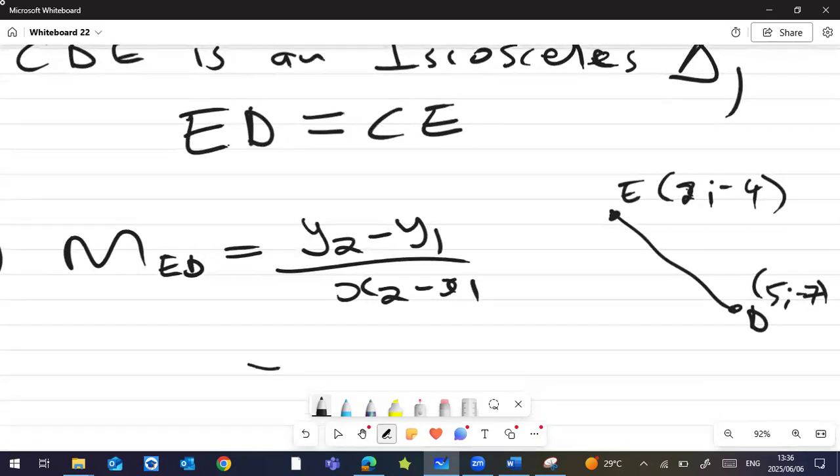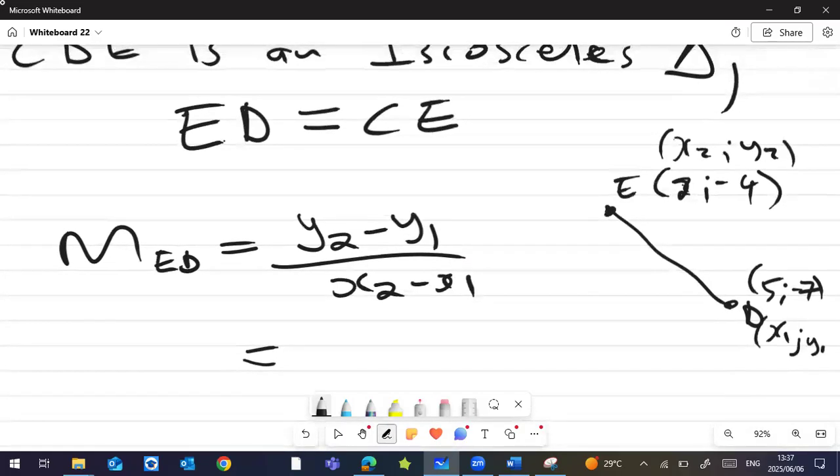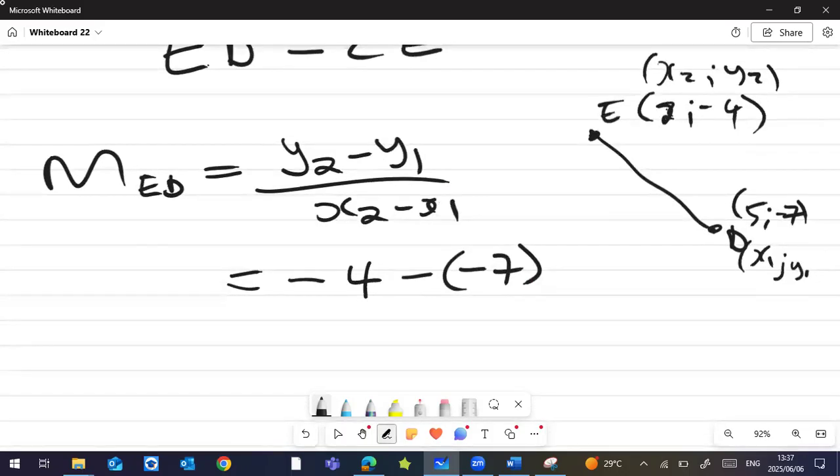If I say this is my x2, y2 and this is x1, y1, what will we get there? Y2 minus y1: minus 4 minus 7, all over x2 minus x1, which is 2 minus 5.